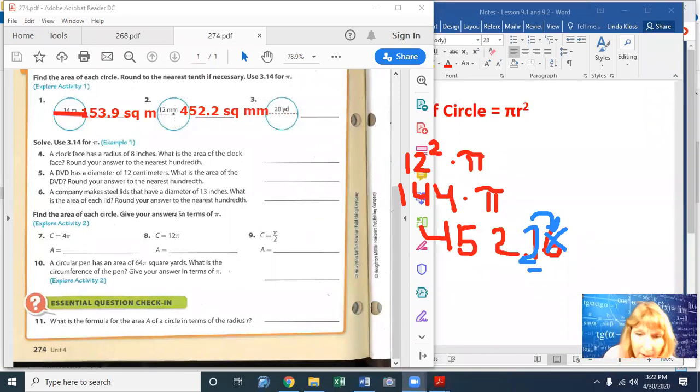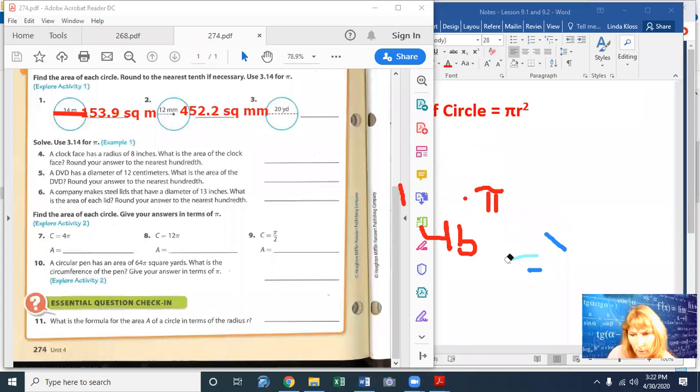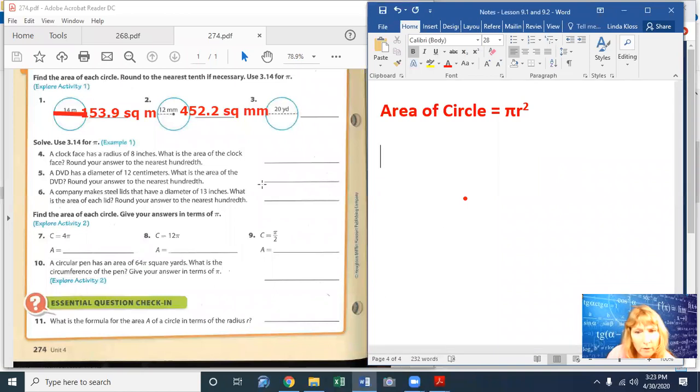The area of this circle, they're giving you the diameter. Be careful on this, always check that. So you want to find the radius, right? Half of the diameter is the radius, so half of 20 is 10.